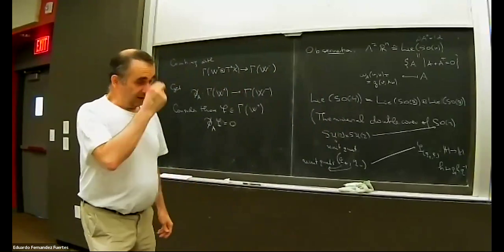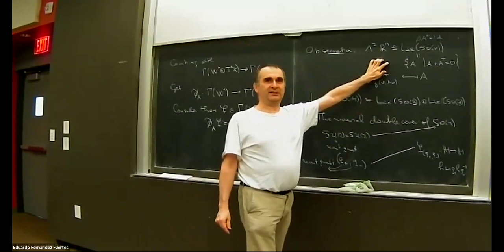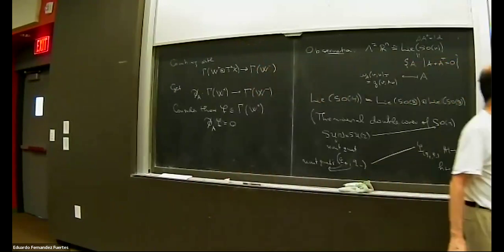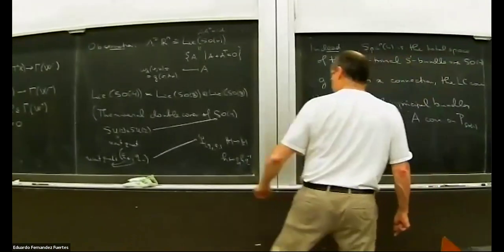Okay, so that's great. What's so special about 2 forms? Well, there is one fantastic 2 form. Once you have a connection, then you can take its curvature, and the curvature will be a 2 form.